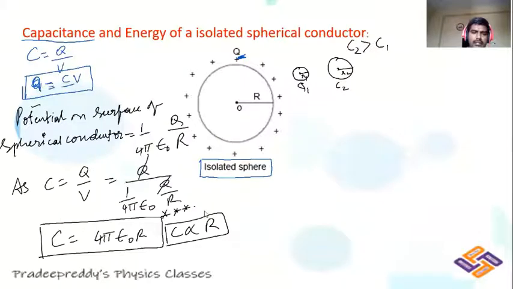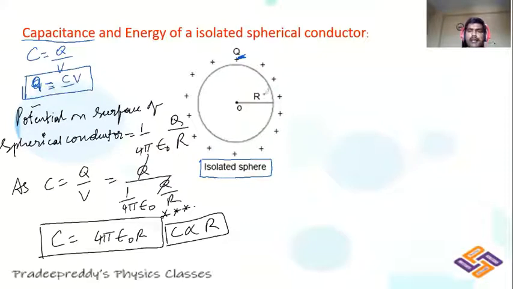So students, in this part we have already derived the equation for electrical capacitance. C is proportional to V. Now let us derive the equation for electrical energy stored within this conductor. Energy stored, potential energy stored on this conductor.